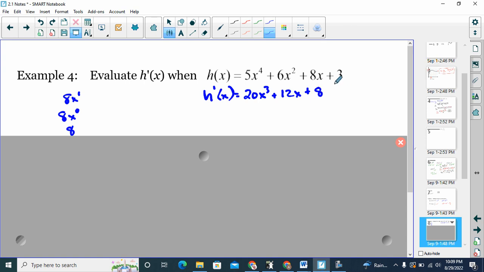Another way you could think about it is, remember, derivative is slope, and 8x just has a slope of 8. 3, we could also do one of two ways. 3 is the same thing as 3x to the 0, which means I would do 3 times 0 times x to the negative first. 0 times anything is 0. The derivative of any constant is 0. The slope of any constant is 0.